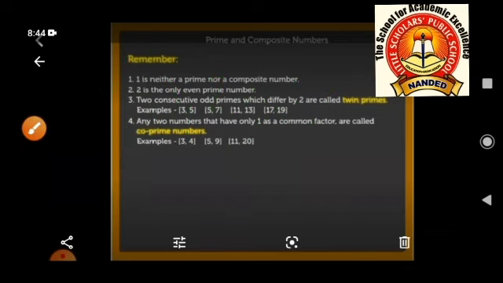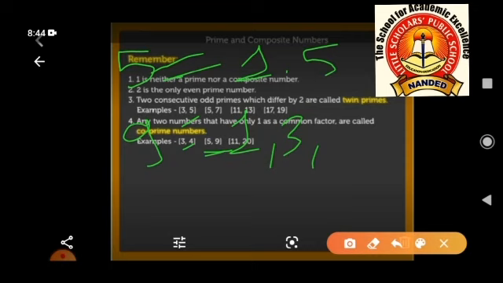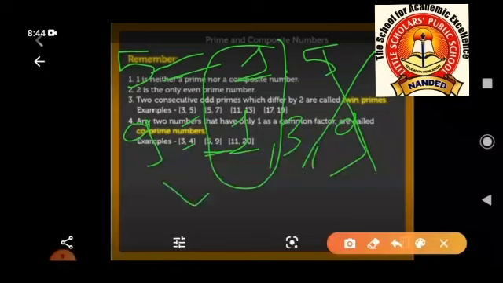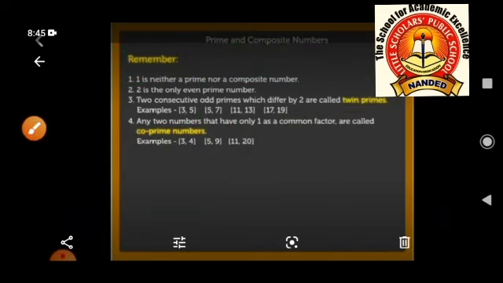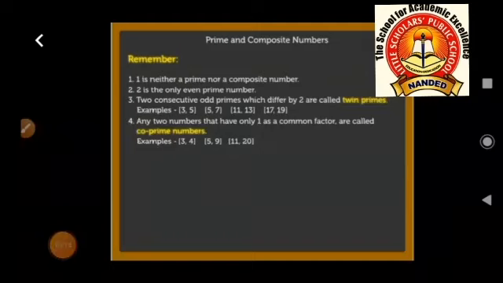Like 5 and 9: the factors of 5 are 1 and 5, and the factors of 9 are 1, 3, 9. Except for 1, there is no other common factor, hence they are called co-prime numbers. Getting, students?